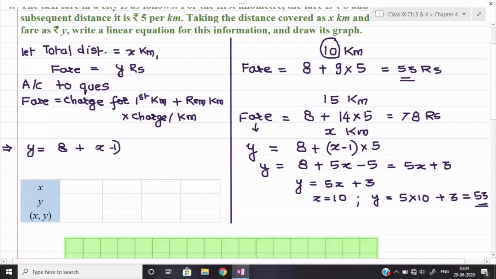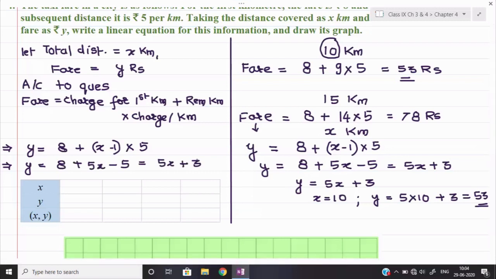So the remaining kilometers are x minus 1 and the charge per kilometer for that is 5. So the value of y will be 8 plus 5x minus 5, and 8 minus 5 becomes 3. So that will be 5x plus 3. That is the equation we got. You need to write this equation down properly in your notebook. This rough work need not be shown.